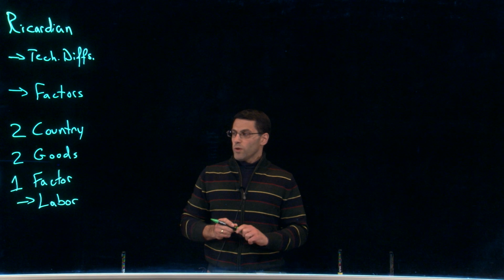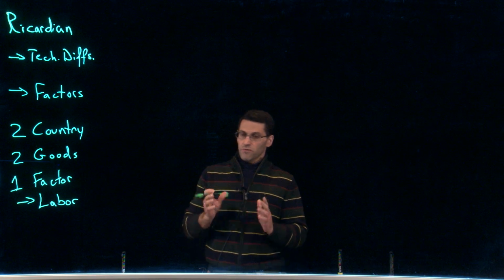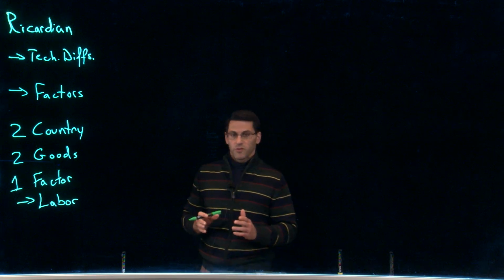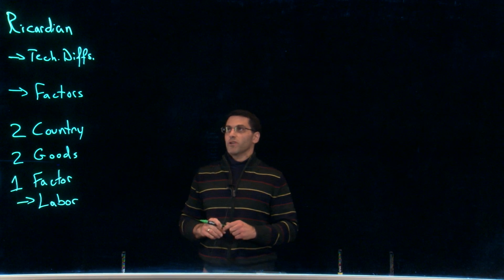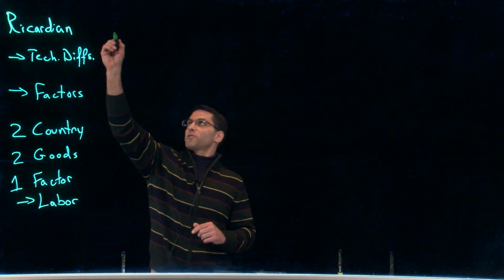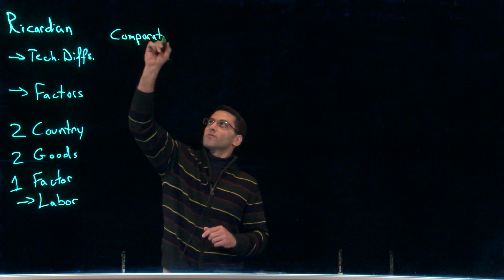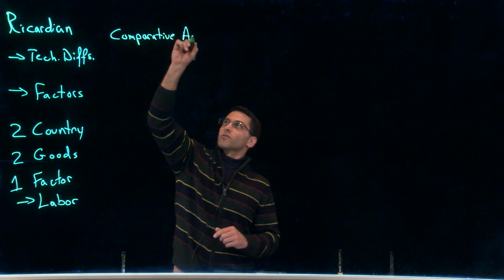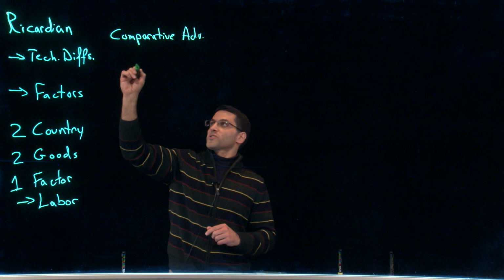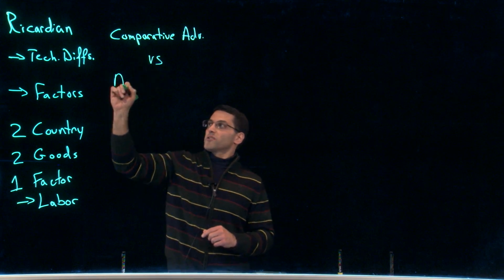Now, one thing that we're going to develop here, and you should have seen this in Principles of Micro, is the notion of comparative advantage, as opposed to absolute advantage.